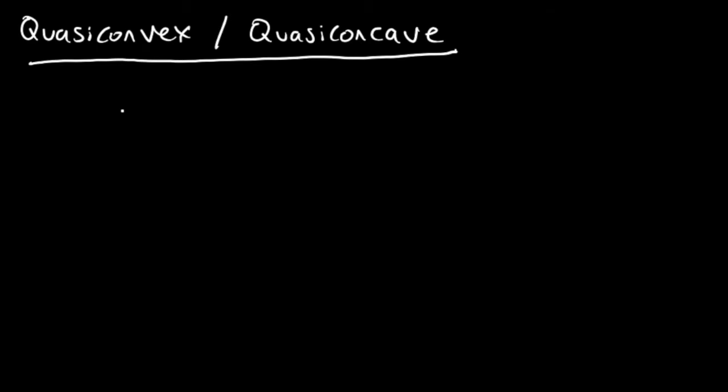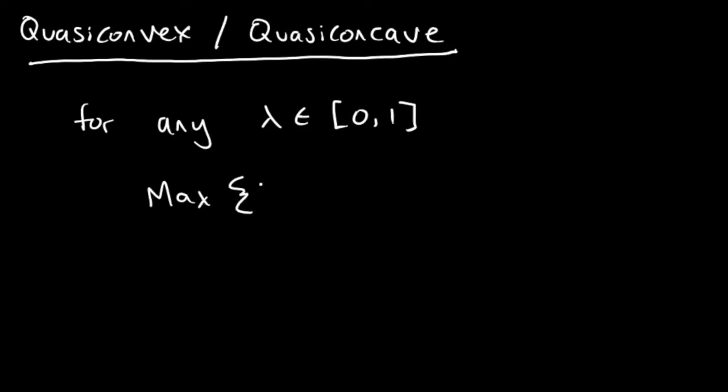So the definition for a quasi-convex function will be as follows. For any lambda within the interval [0, 1], a function is quasi-convex if the maximum of f of x, the function of point x, and f of y, the maximum of these two points, is greater than or equal to the function of the linear combination of x and y.